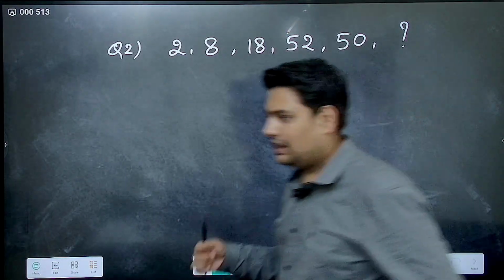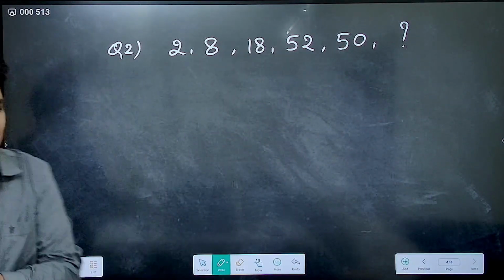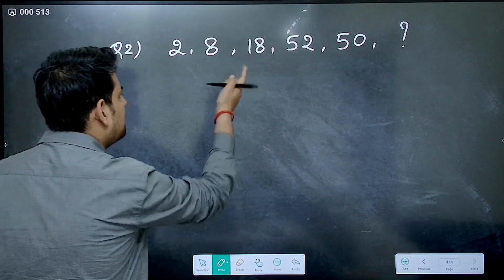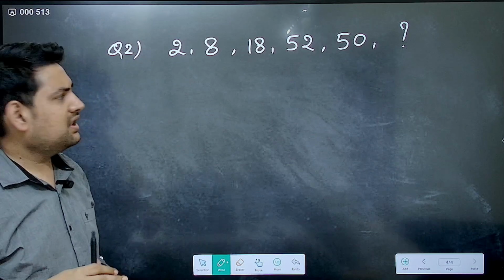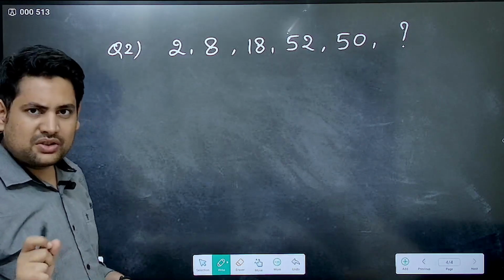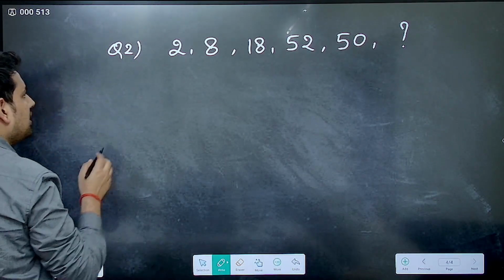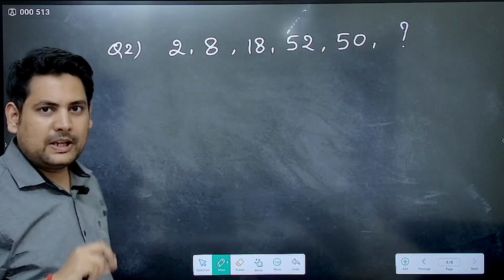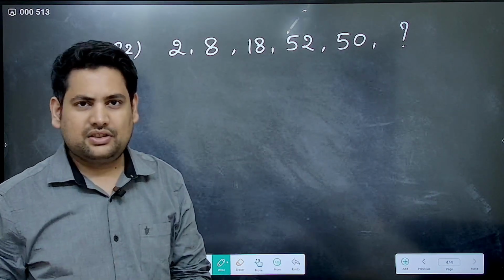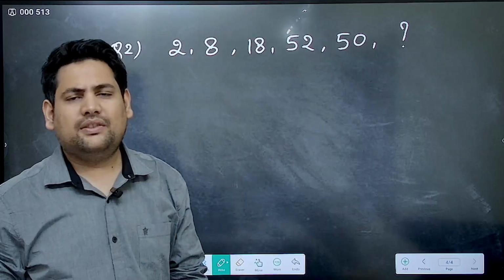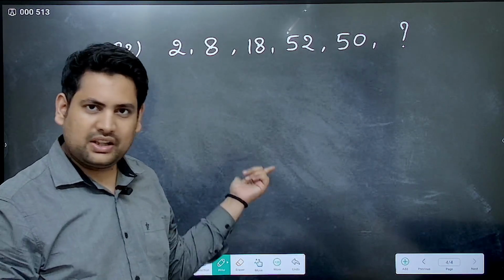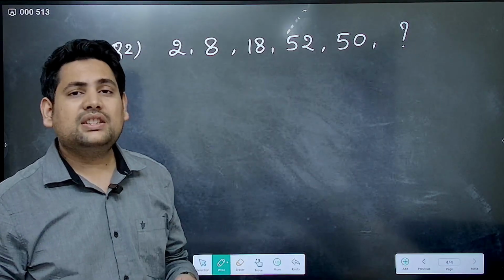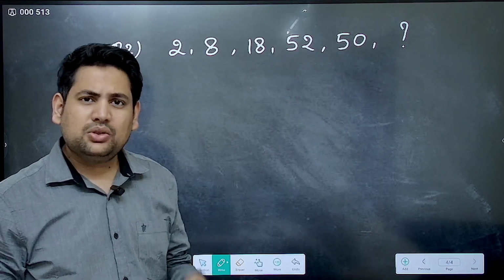If you want, let's do one more question. Same, everything same. Now you need to find what would be the next term in this. Now see, whenever you see a series and the series has no particular pattern with respect to multiplication, then you can apply step form, because most probably if it is a plus minus pattern, that also gets covered in step form, as well as if it's a pattern related to cube or square.